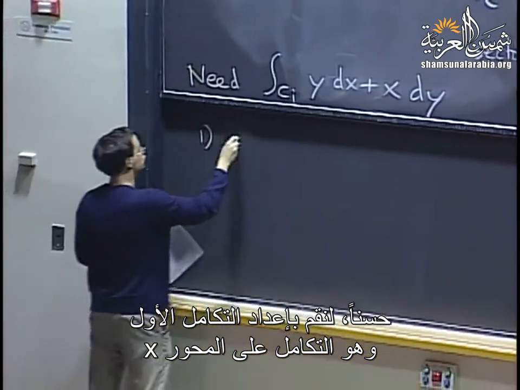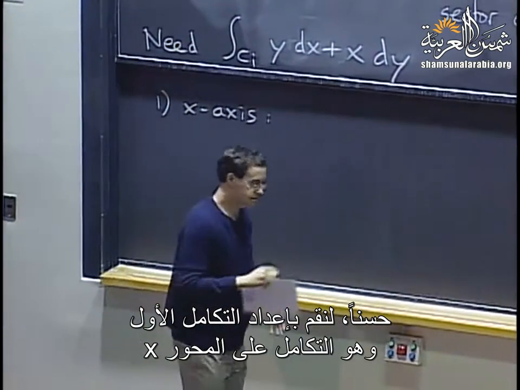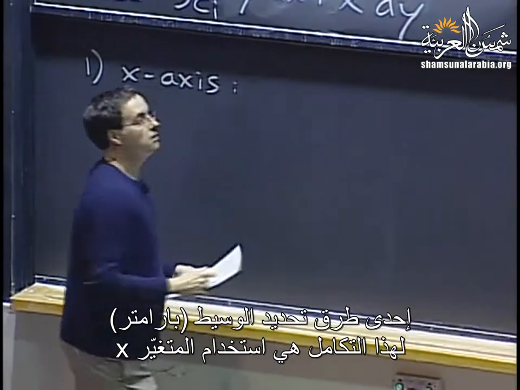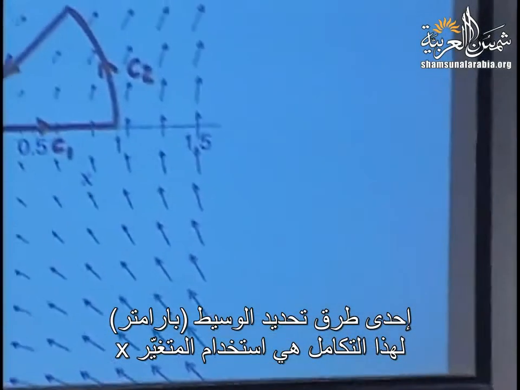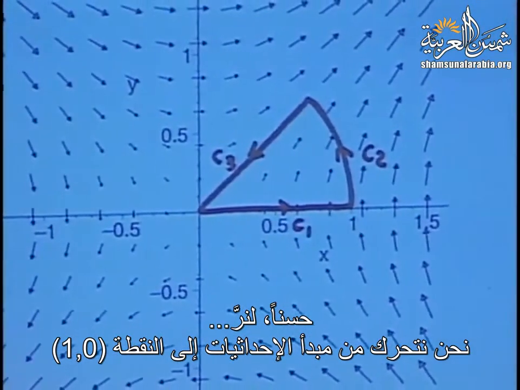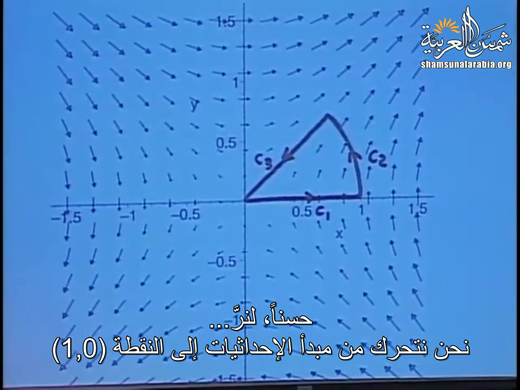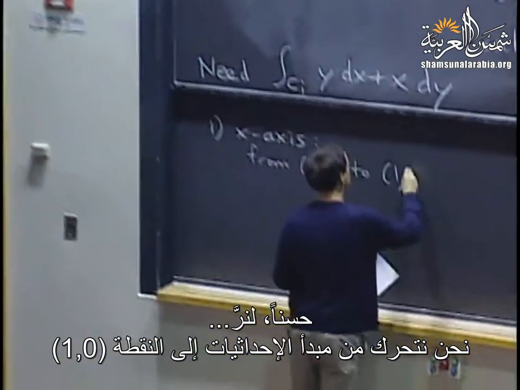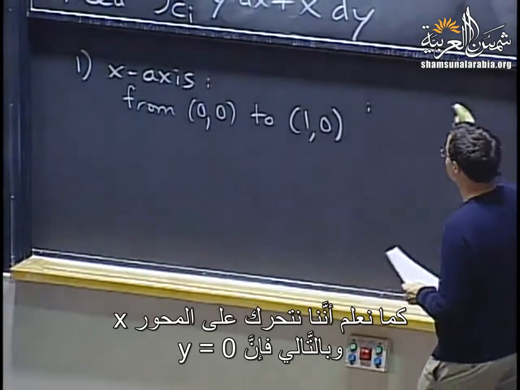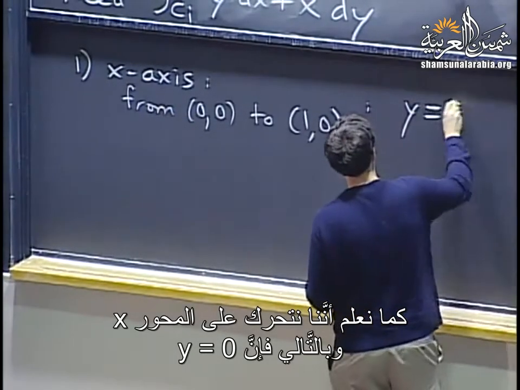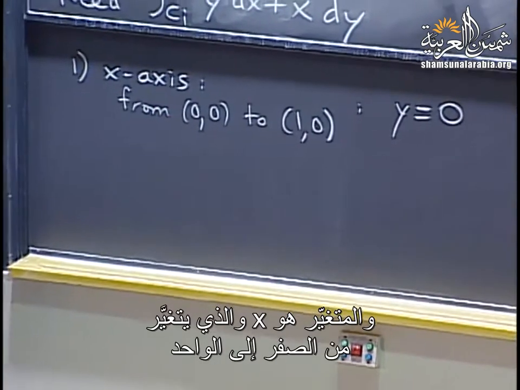So let's do the first one. On the x-axis, well, one way to parameterize that is to just use the x variable. We're going from the origin to (1, 0). We know we're on the x-axis, so y is actually just 0, and the variable will be x from 0 to 1.